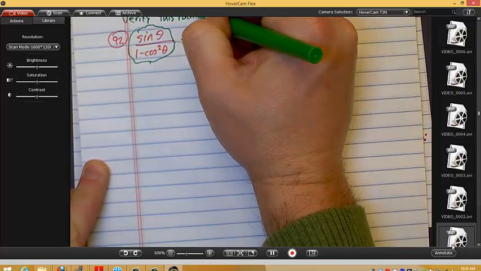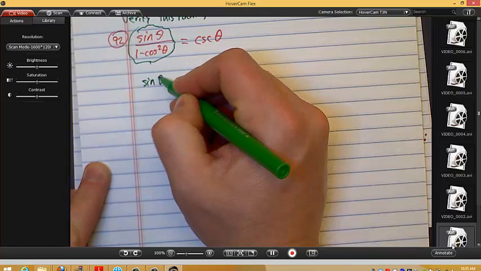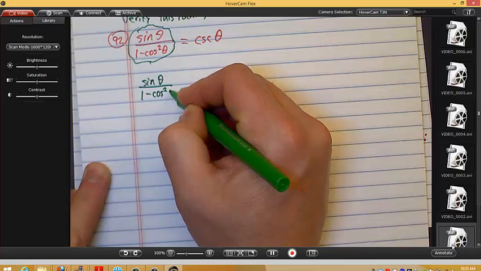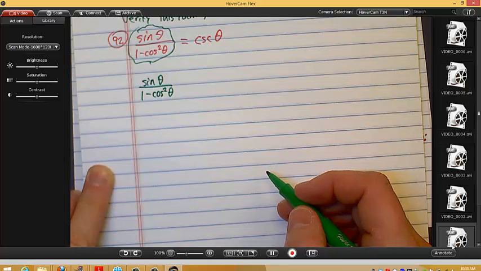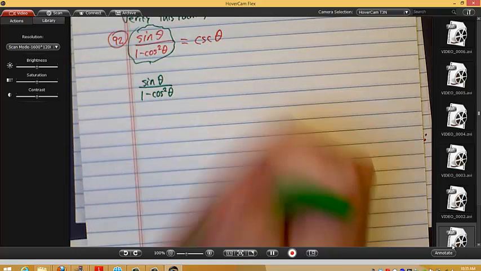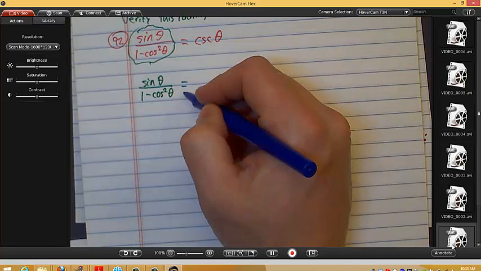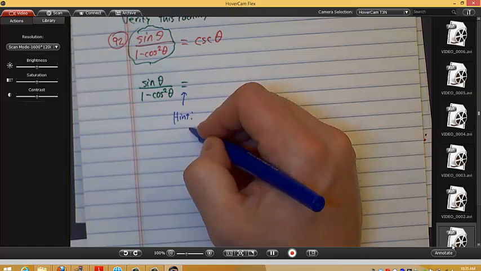So here I go. I'm going to write sine of theta over 1 minus cosine squared theta. Right? There's a trick. My hint is going to be the Pythagorean identity.